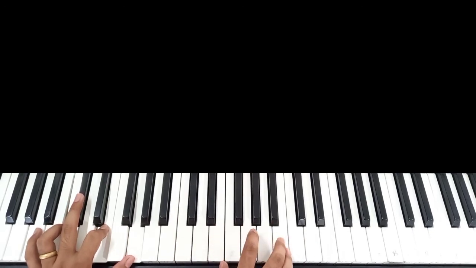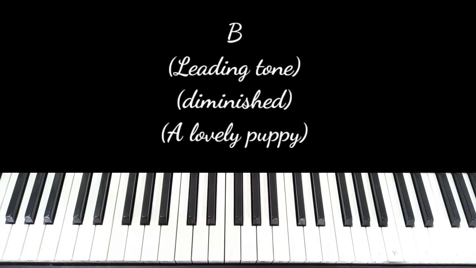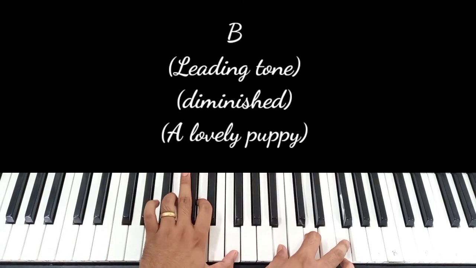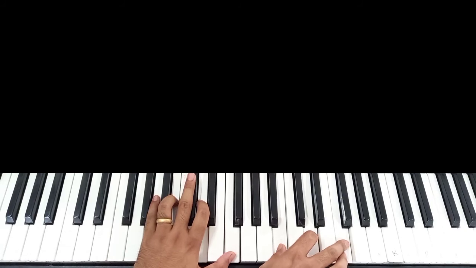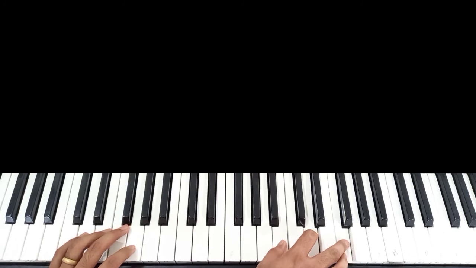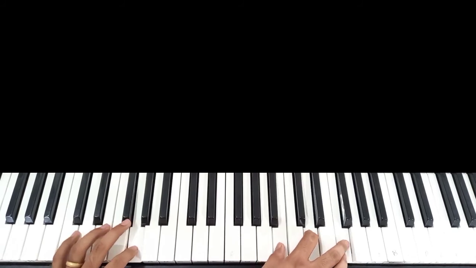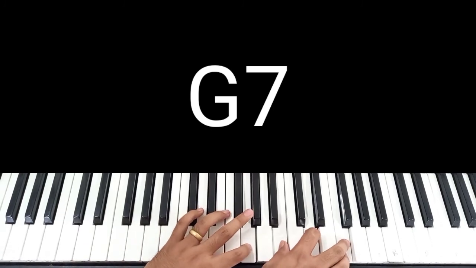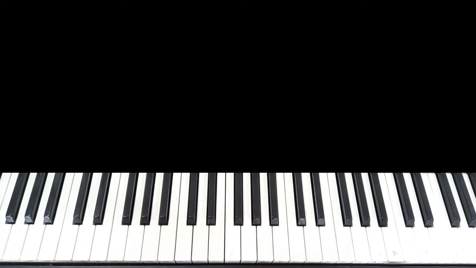Now the seventh note, which is B in this case, is called 7 diminished, or its musical name is leading tone. It serves as the diminished chord, which is not much used in commercial songs, but if we add a G note, that is the dominant note, then it creates a beautiful chord known as G7, which is again used in commercial songs.